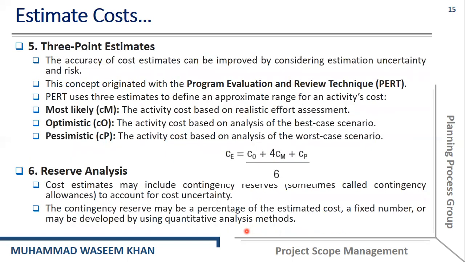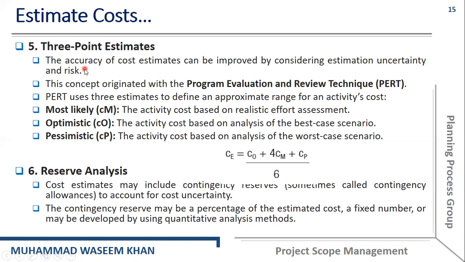Then we have another estimate, and again this technique was discussed in the project schedule management chapter, but I'll go through it on this slide. Three-point estimate. The accuracy of the cost estimates can be improved by considering the estimation uncertainty and risk.